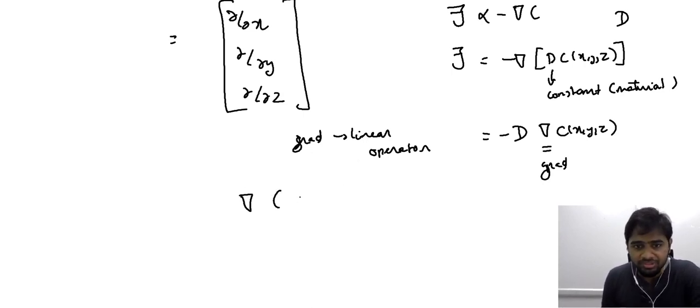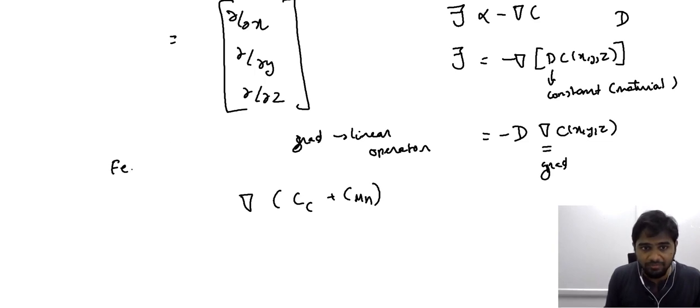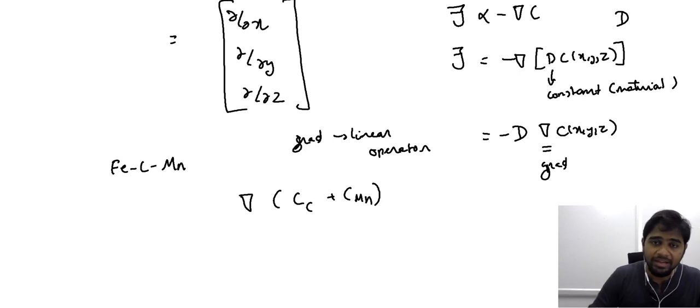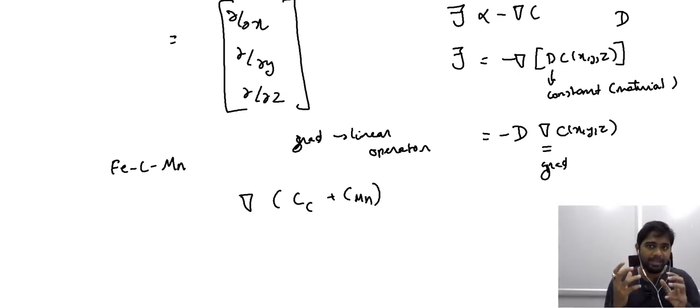say for instance the concentration of carbon and the concentration of manganese. We want to know the coupled flux of the carbon and manganese in a ternary system of FeCMn, a manganese steel system. This system again is heterogeneous: depending on the position, the concentration of carbon and also the concentration of manganese varies.